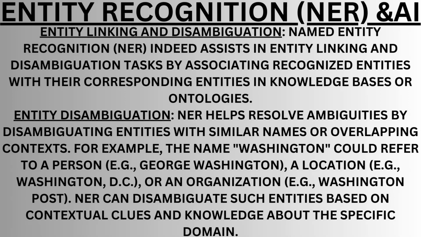For example, the name Washington could refer to a person, that is George Washington, a location, that is Washington, D.C., or an organization, that is Washington Post. NER can disambiguate such entities based on contextual clues and knowledge about the specific domain.